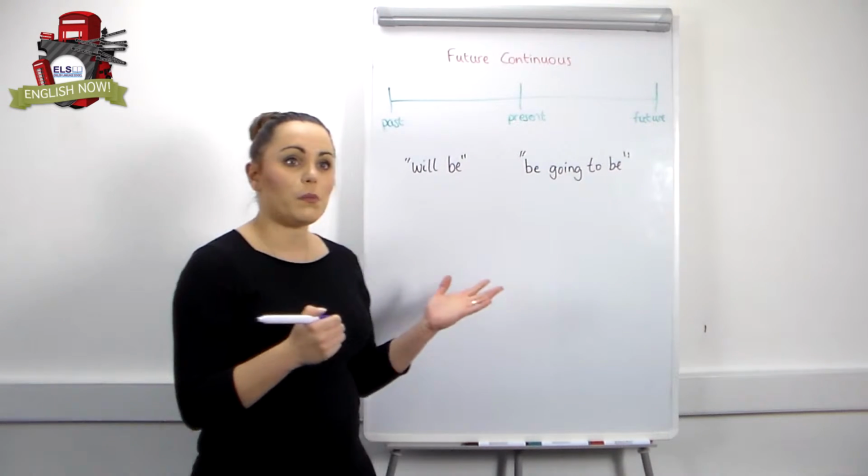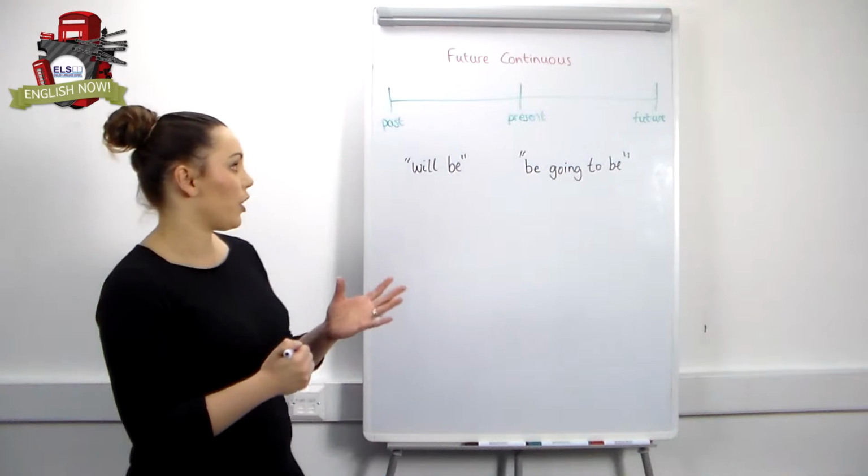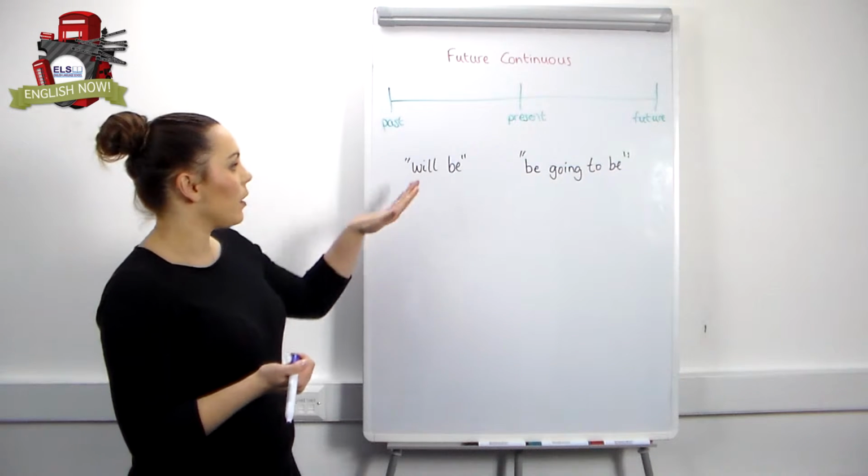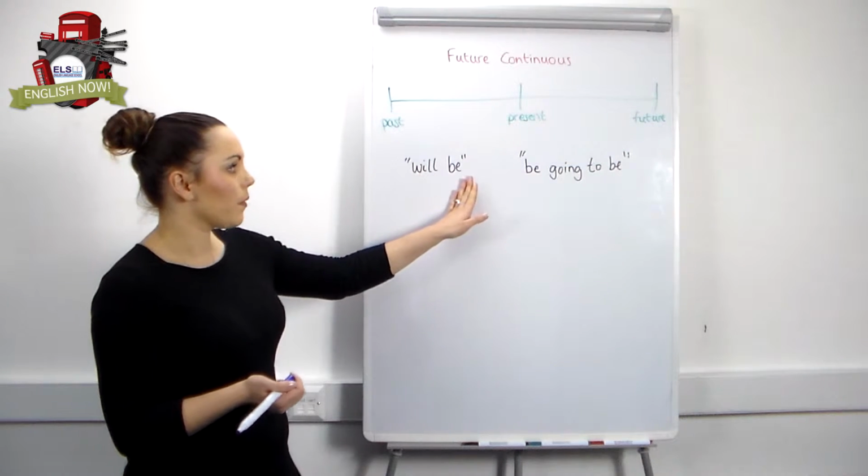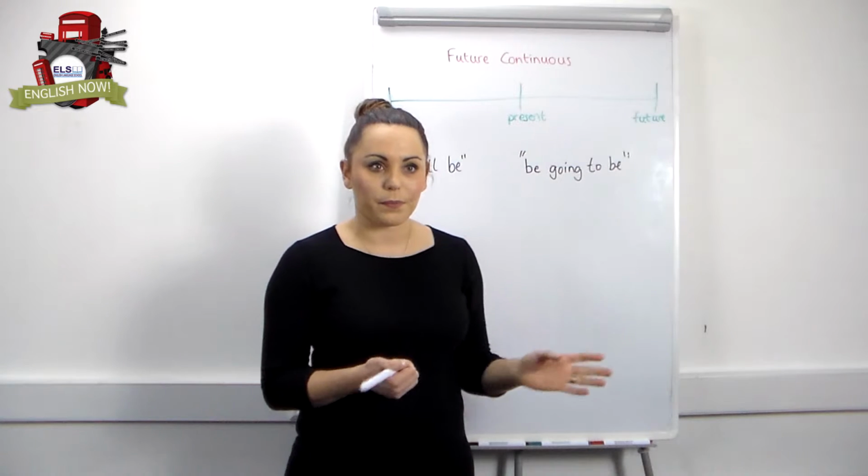We have two forms, like we do in the simple future. Slightly different, now we have will be and be going to be.